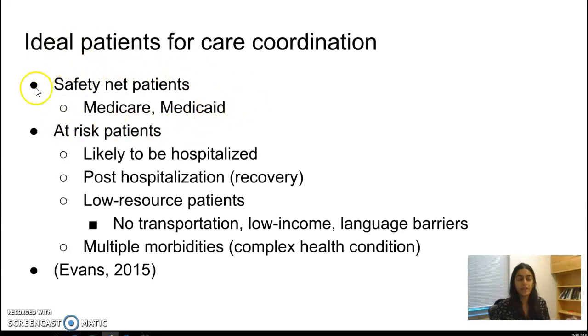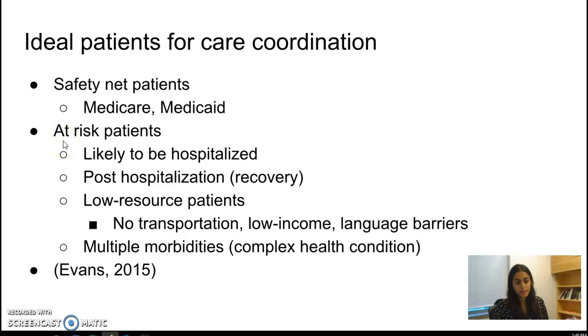So safety net patients are a good candidate for care coordination and really need it much of the time, as well as advocates who can help them out.